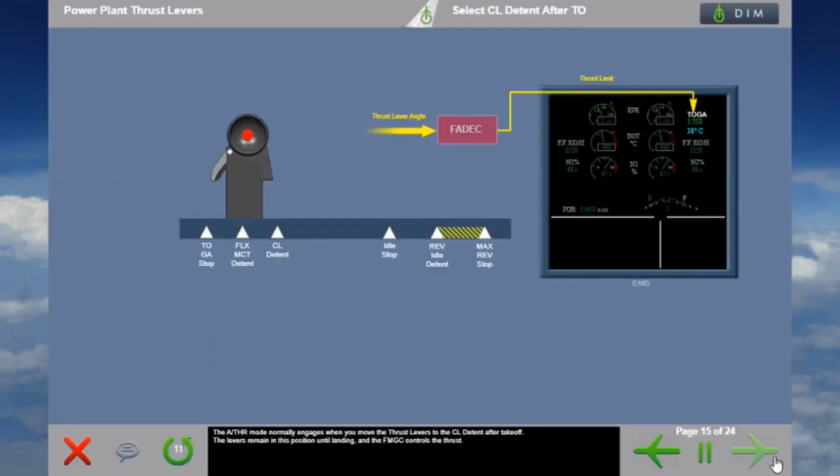The auto thrust mode normally engages when you move the thrust levers to the CLIMB detent after takeoff. The levers remain in this position until landing, and the FMGC controls the thrust.